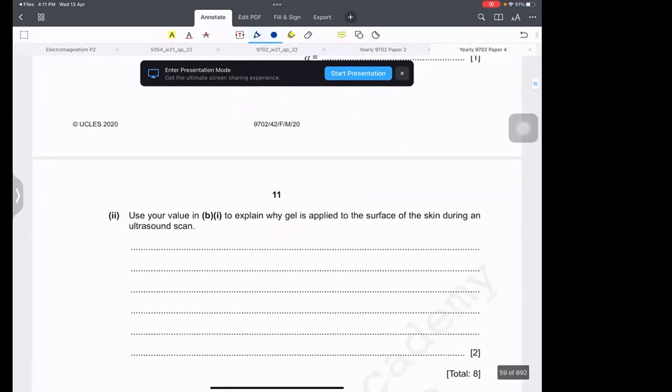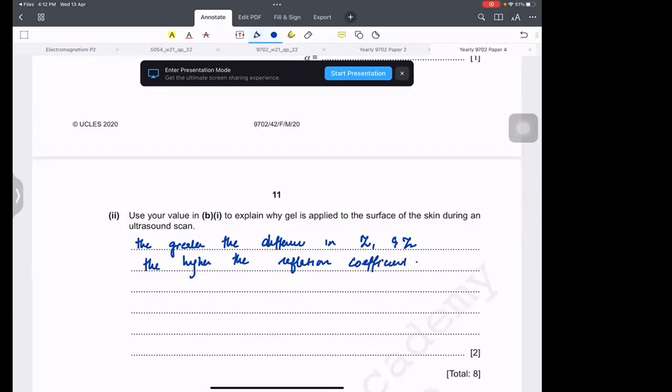Use your answer to explain why gel is applied to the surface. Now this has only one answer. So you should write that the greater the difference in Z1 and Z2, the higher the reflection, reflection coefficient, right? So you should always remember that, right?